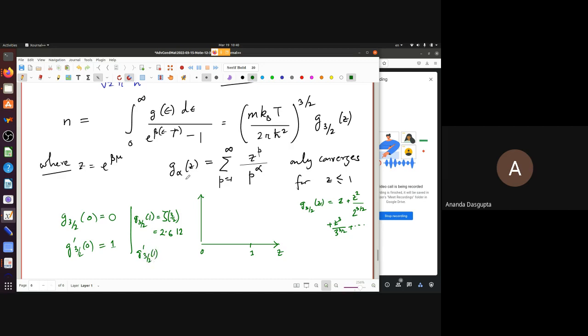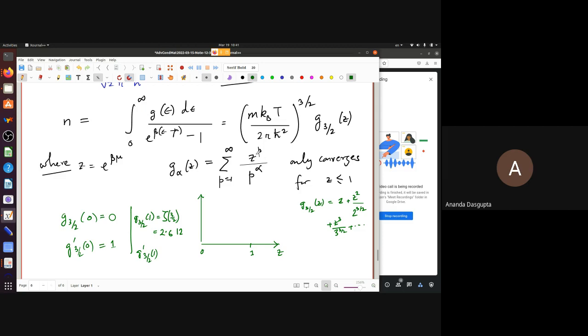If I were to differentiate G alpha z with respect to z, you will get p z to the p minus 1, right? Here, for every term. And that p will cancel this p, at least one part of this p, and this will give you p to the alpha minus 1 below. Okay?